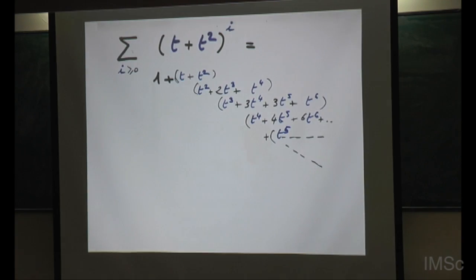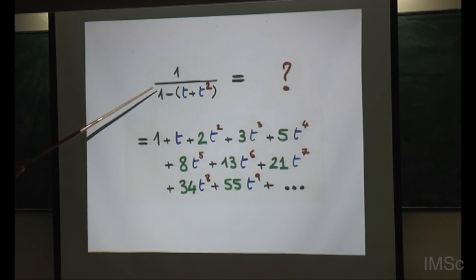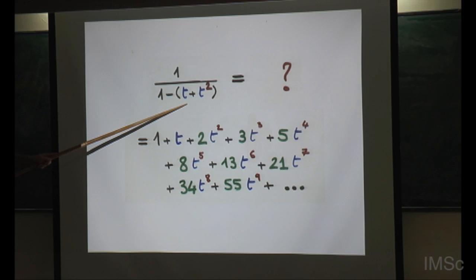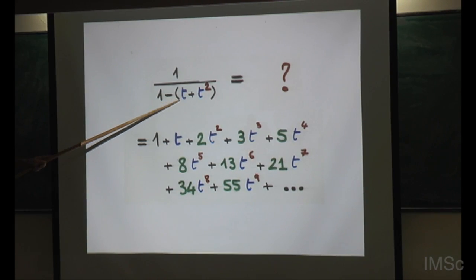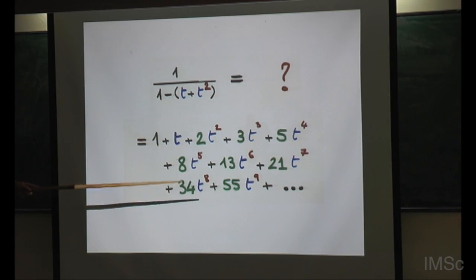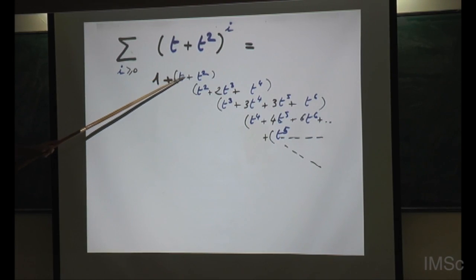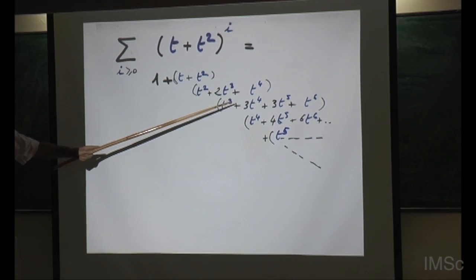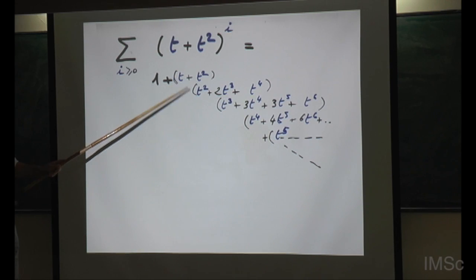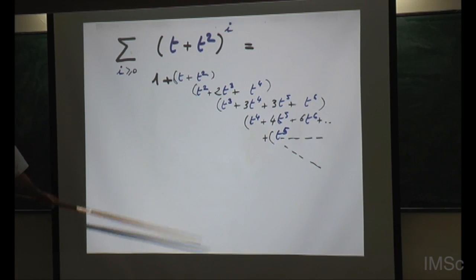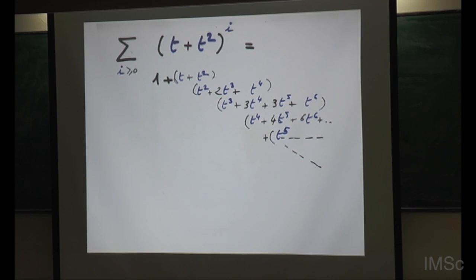And let's play with this calculus. So the inverse, 1 over 1 minus u, is 1 plus u plus u^2 plus u^3 plus u^4, and you have to replace u by t plus t^2. So this is 1 plus u to the square, plus u to the cube, etc. And you put in each column all the monomials appearing with the same degree.